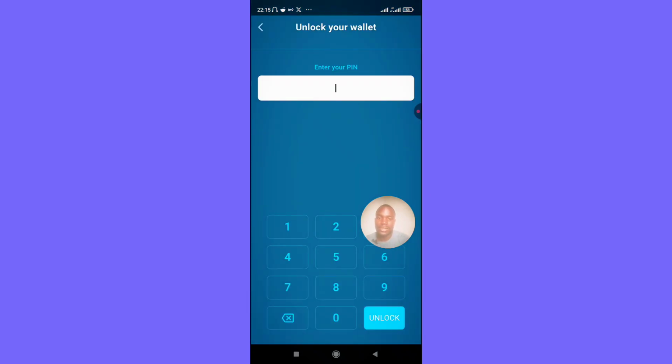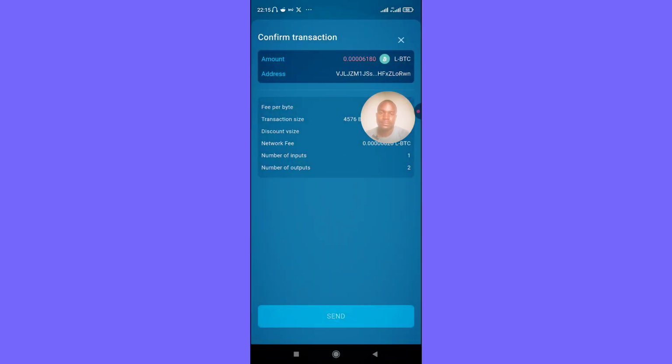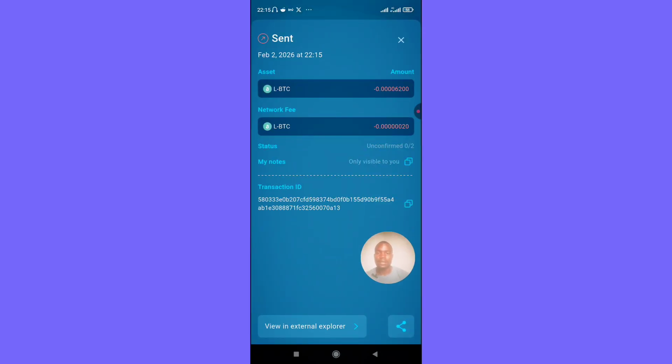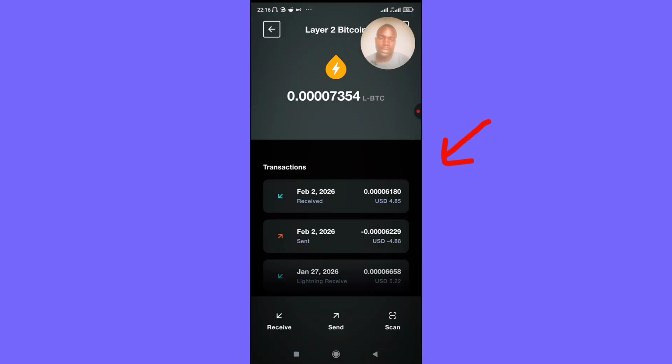So when you click on send, now you need to put in your PIN. And my funds have been sent over to my Aqua wallet. Now you can see I've received my funds here. Interacting with the liquid network is super fast. You don't have to wait, and you are also paying very little fees. The fees here are so little, it's almost paying nothing.